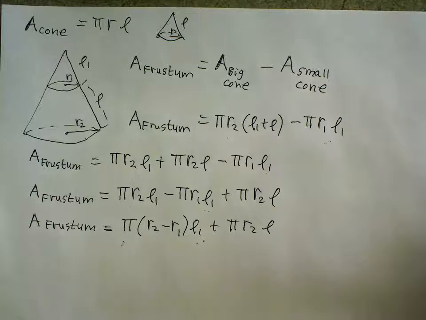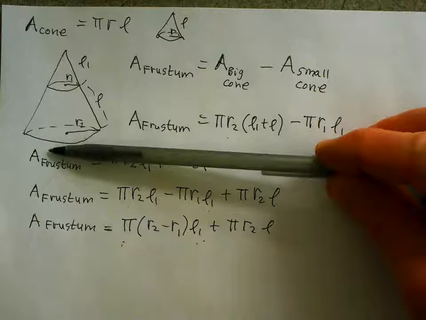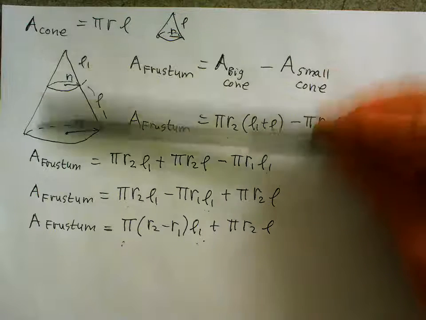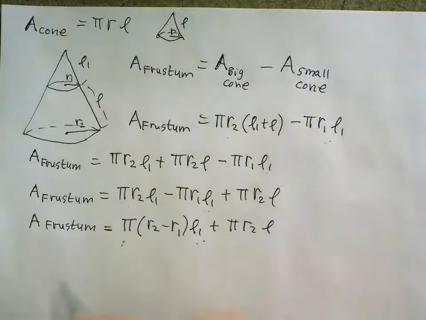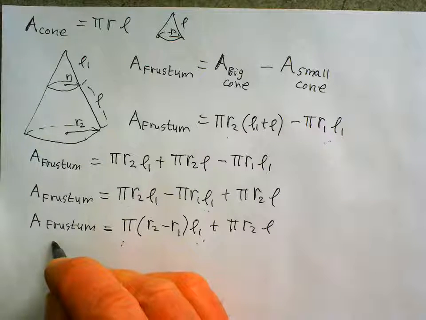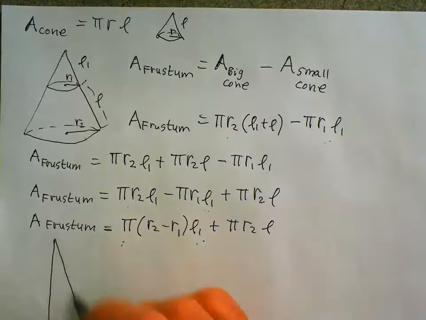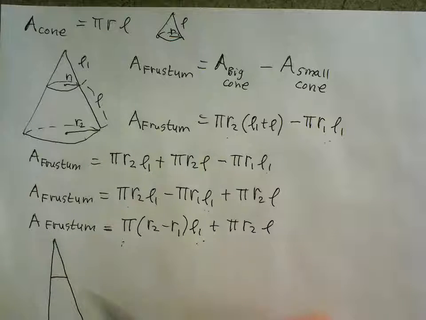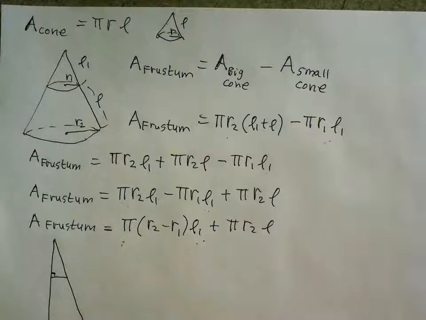So if we were to take a cross section of that cone so that it forms right angles with the base, then part of that cross section would look something like this. So these are right triangles that are similar.